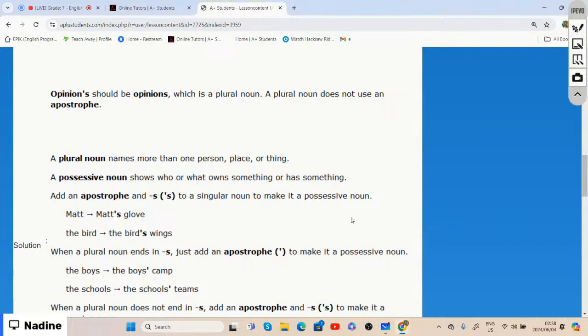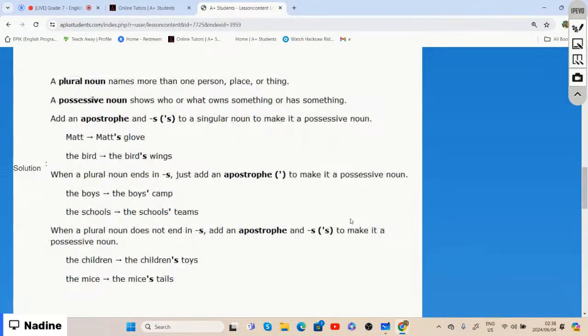The only time we add an apostrophe and an S or just an apostrophe is to a noun.